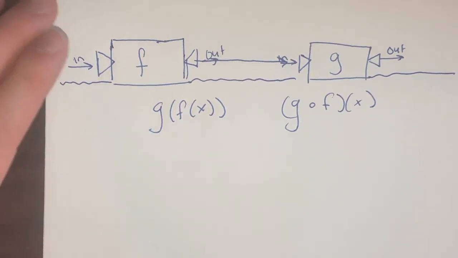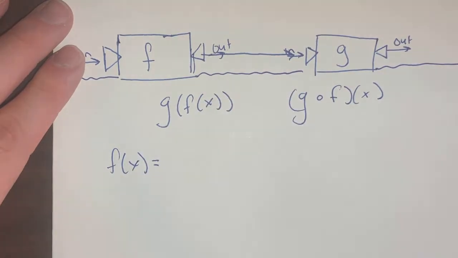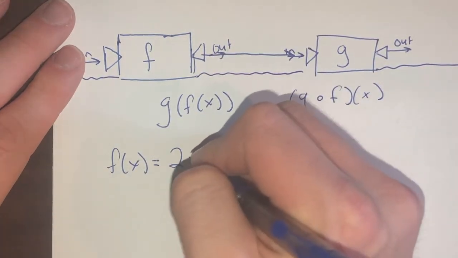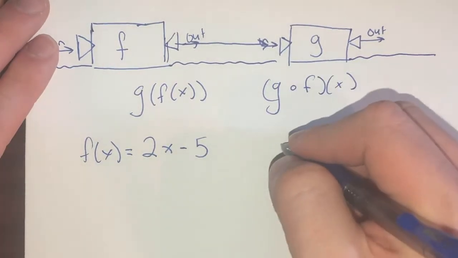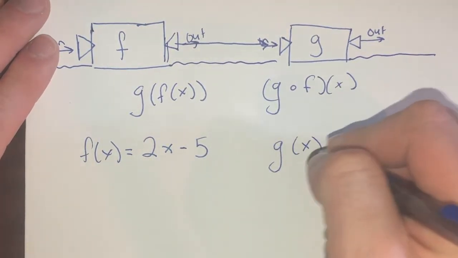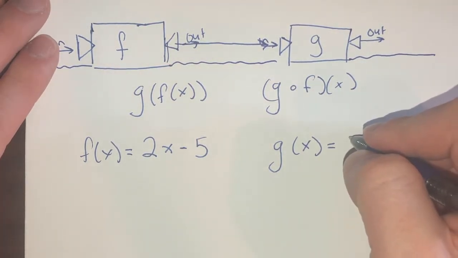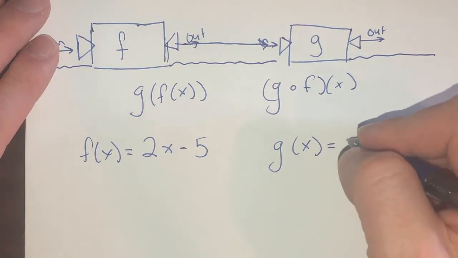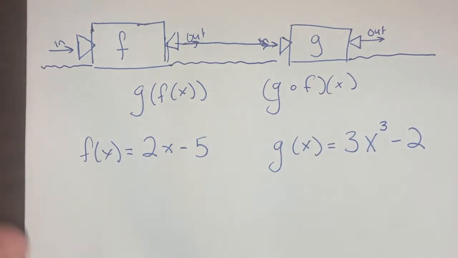So let me give you a little example. Let's say that f of x, let's call this a linear function, is 2x minus 5. And I'm going to call g of x, how about a cubic, 3x cubed minus 2.